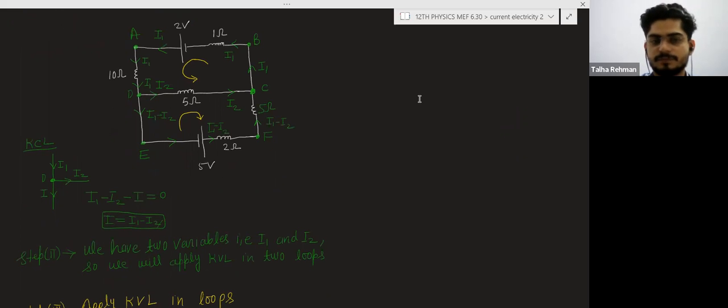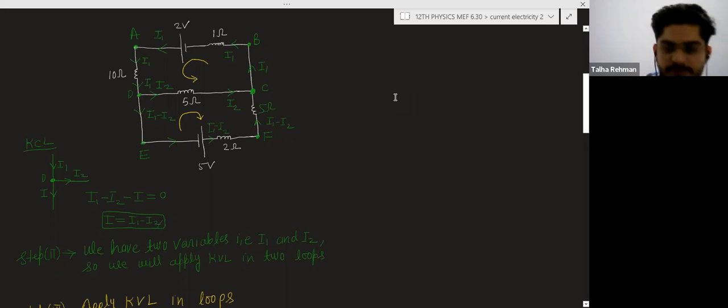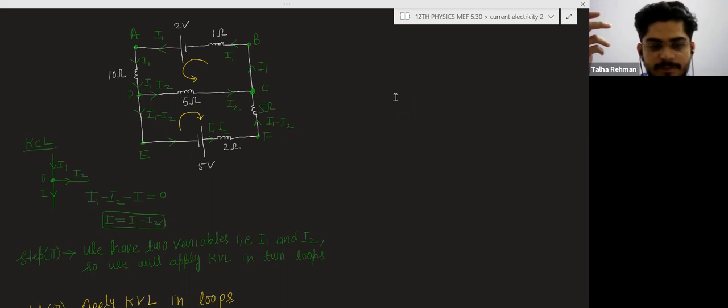Okay. You can take any direction of the current initially, but when you solve the equation, if you are getting a negative current, it means you will take the direction of current opposite to the direction that you have supposed.